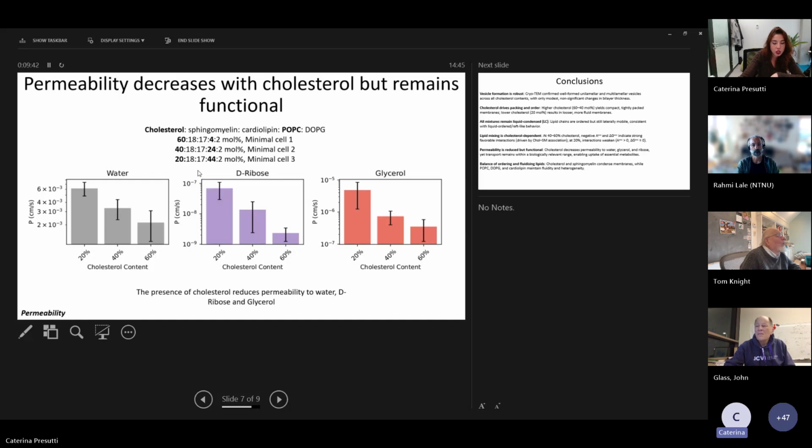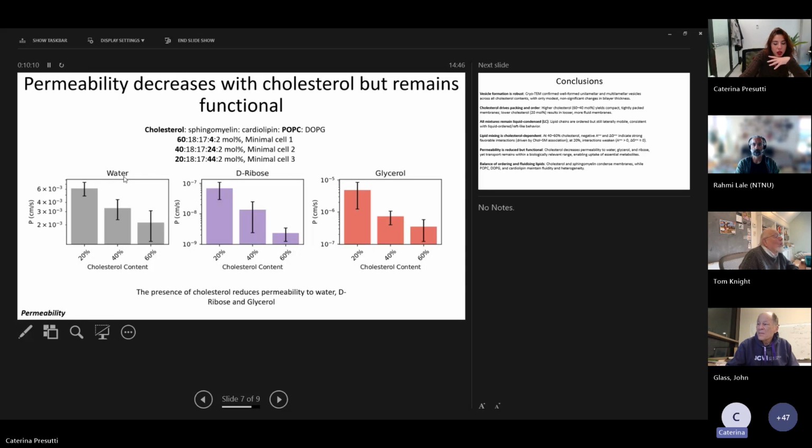Here we can see that as the cholesterol content increases from 20 to 60%, the permeability of water, ribose, and glycerol decreases, consistent with a transition from a more disordered and less hydrophobic membrane to a more compact, ordered, cholesterol-rich membrane.